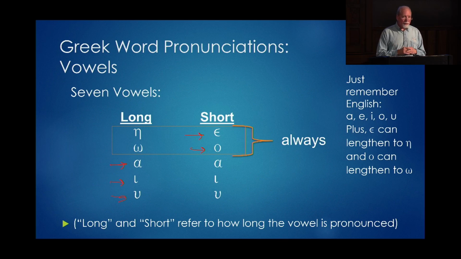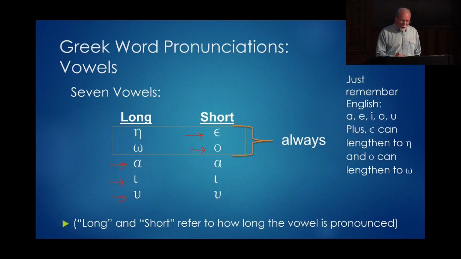Or the O would be ah for short and O for long. In alpha, iota, and upsilon, they don't change the sound at all. The length of the vowel only relates to how long you make the sound, and we don't really do that. Since it's a dead language and we're mostly reading it, we don't worry about that.